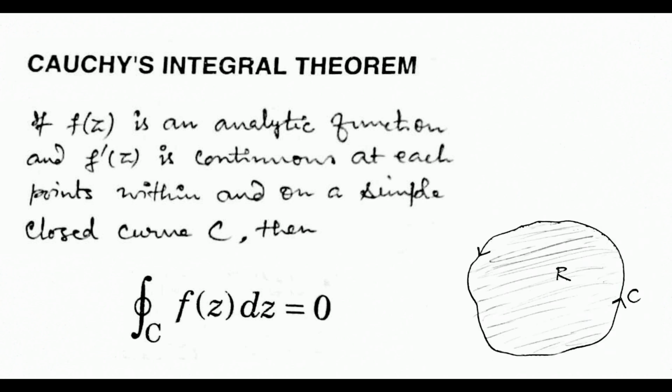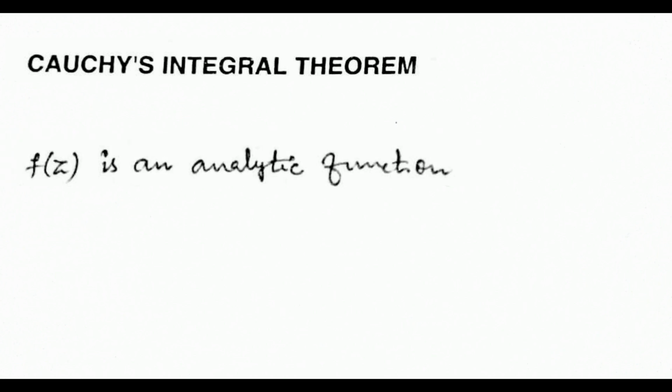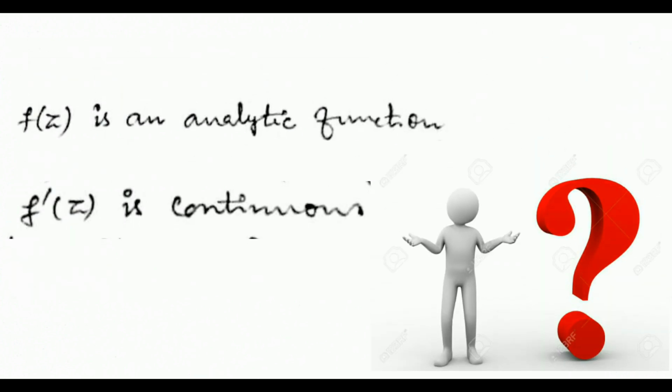So two conditions are mainly imposed here over the function f(z). First, analyticity of f(z), and second, continuity of f'(z). A million-dollar question may be raised here from the viewers: why are these two conditions so important?